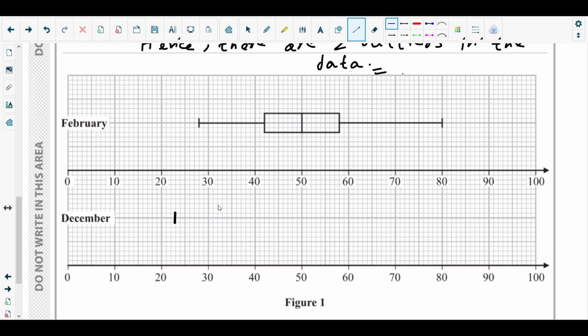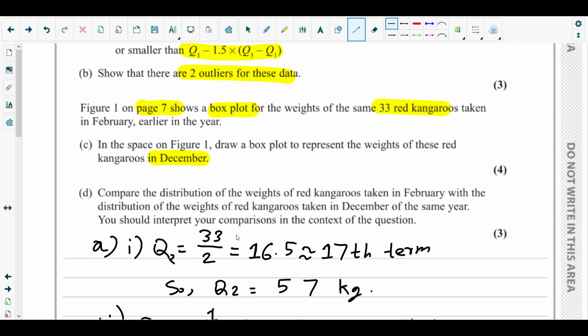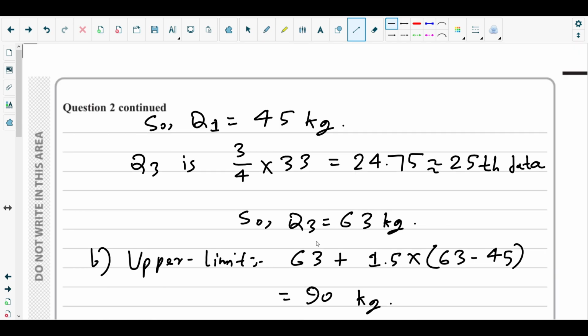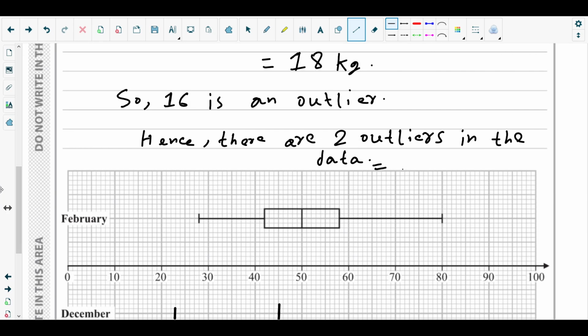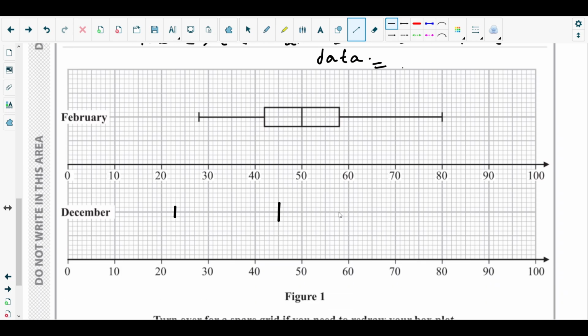Then Q1 we got 45. Remember, we got 45. This is at the middle between 40 and 50. This is basically Q1. Then Q2, the median. Remember, we got the median. Q2 was 57. So at 57 there would be a vertical line, right? Where is 57? Here you go. This is basically 57.